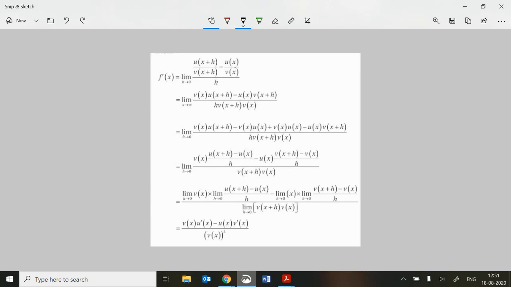Okay, just a little extra here. This is the proof of the quotient rule which the book gives, and it's taking it right back to the limit. So this is really a proof from first principles, if you like. This is not reliant on the product rule and the chain rule, which my previous proof was reliant on.